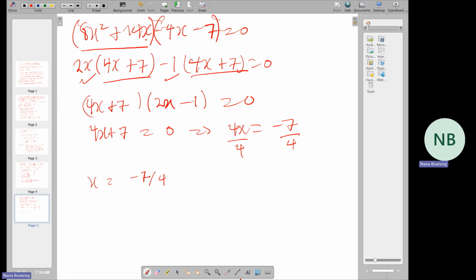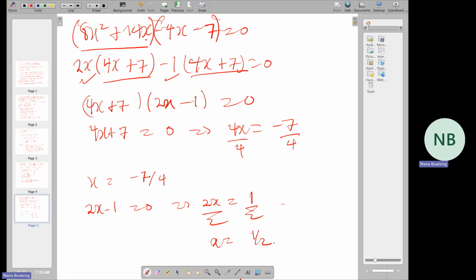For the second parenthesis, 2x minus 1 is equal to 0. If we add 1 on both sides, we see that 2x is equal to 1, and if we divide both sides by 2, x is equal to 1/2.